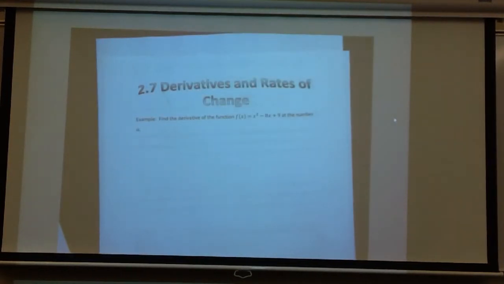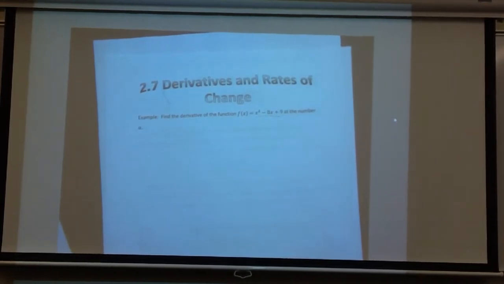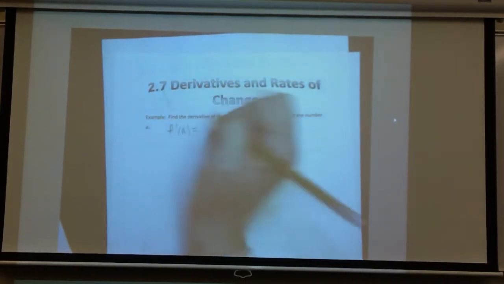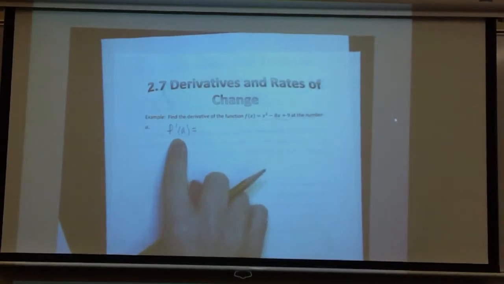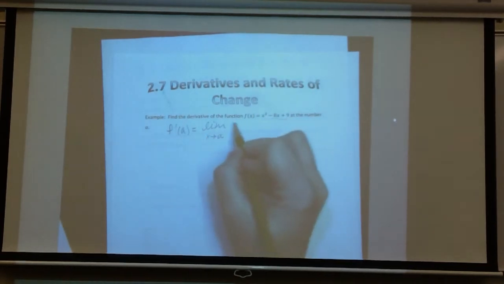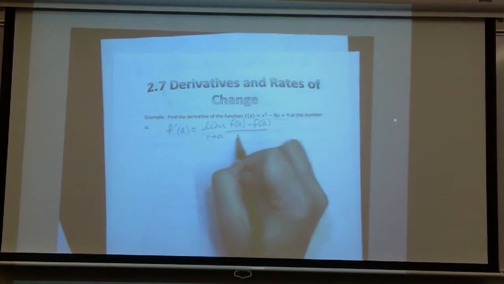Okay, so let's find the derivative of a function. Here's our function at the number a. So pretty much at any number. So from this definition we just used, f prime of a, which is the derivative of f at a, that's what that means. The limit as x approaches a of f of x minus f of a over x minus a.